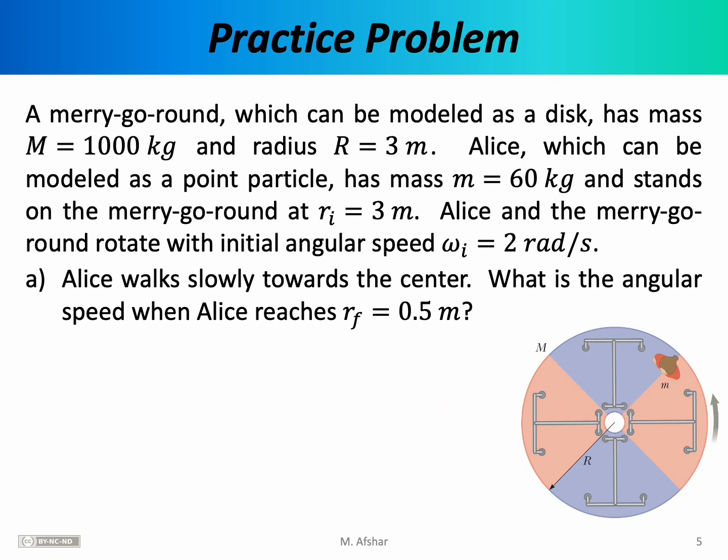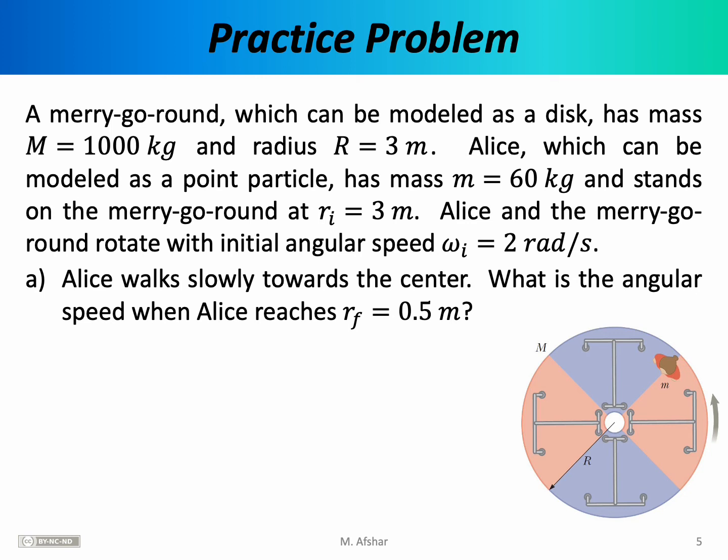Now, before getting into the details of this problem, you might want to just ask yourself why the merry-go-round would speed up when Alice is walking towards the center. This is not a motorized merry-go-round. There is no outside source of energy or force or torque that is pushing this thing. Nonetheless, the merry-go-round speeds up.